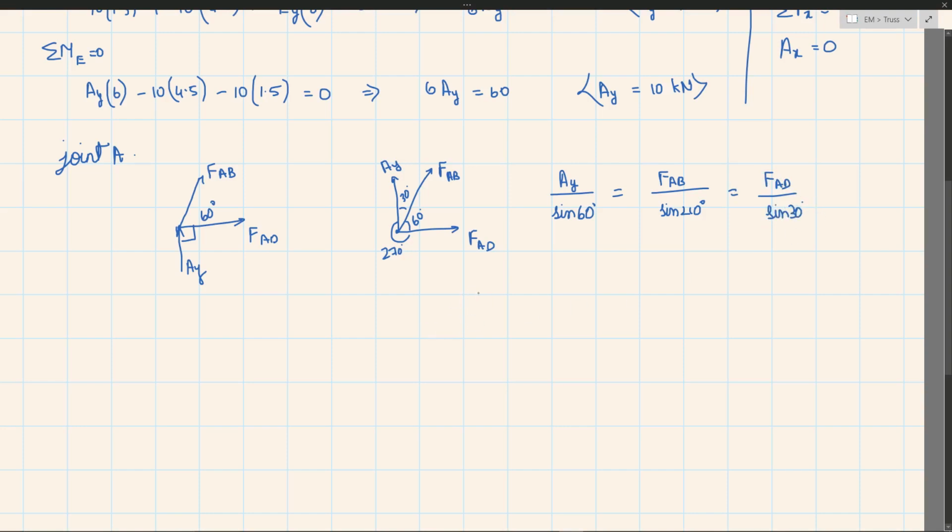Okay, so I have to find FAB and FAD. FAB is given by AY, 10, divided by sine 60, that is 10 into 2 divided by root 3, into sine of minus sine 30, right? So sine 30 is 1 by 2 and this 2 will be cancelled, so I'll have minus 10 by root 3 kilonewton.